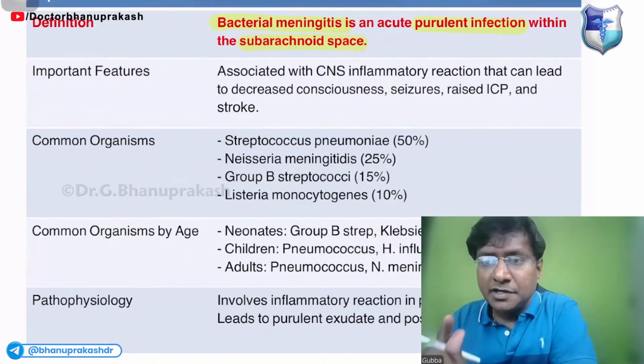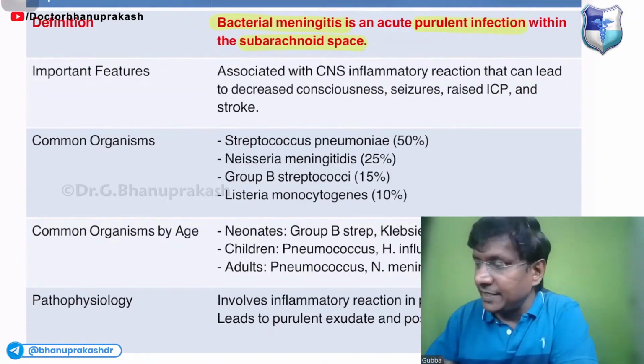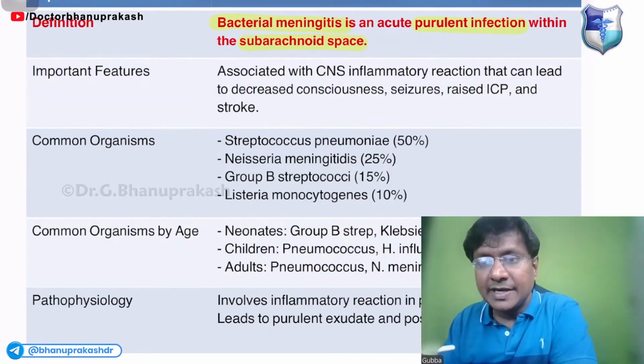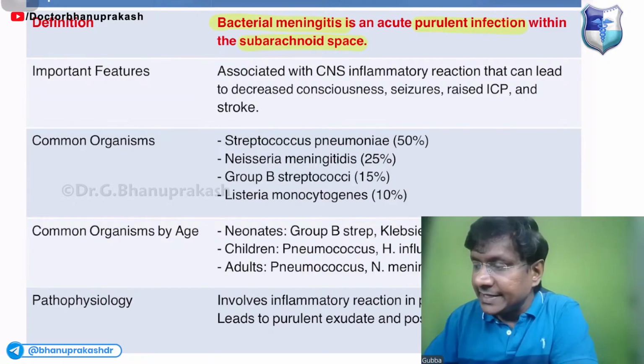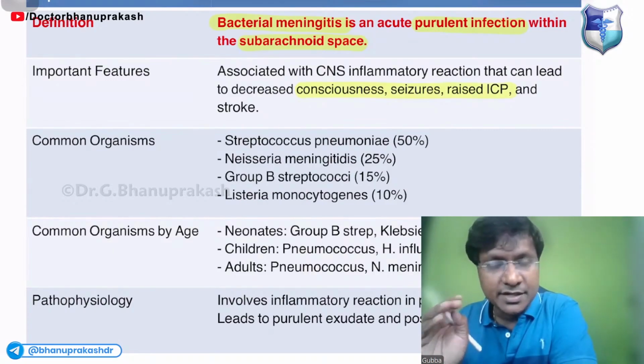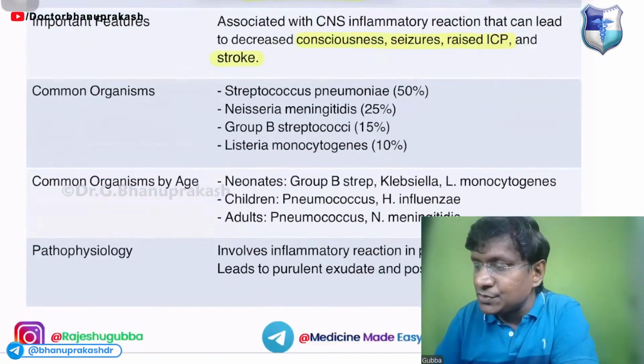Now, the important features in case of meningitis: if meningitis spreads to the brain, we call it meningoencephalitis. In case of meningoencephalitis, they will have altered sensorium, seizures, raised intracranial pressure, and there can be development of stroke as well.